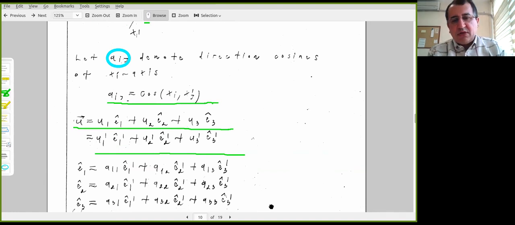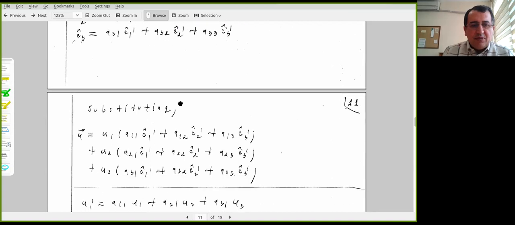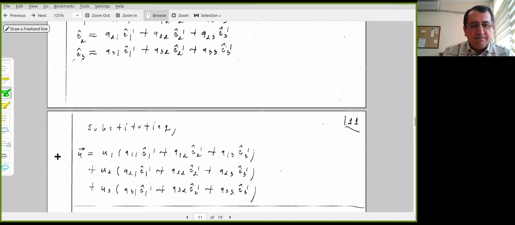And now, using this representation from vector algebra or statics, I'm able to find the result because I can substitute these e1, e2, and e3 into this representation. You see, substitute this expression here, the second line, this term, the third one here, and you'll be able to express the same vector in terms of primed quantities.